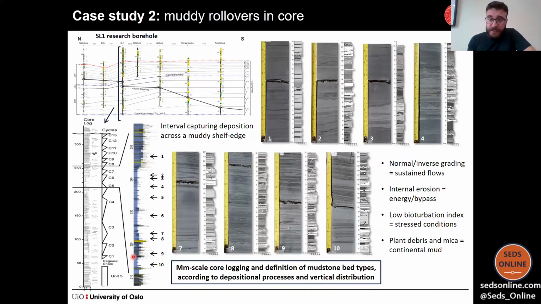And the surprise was that we saw almost no pure suspension fallout deposits.